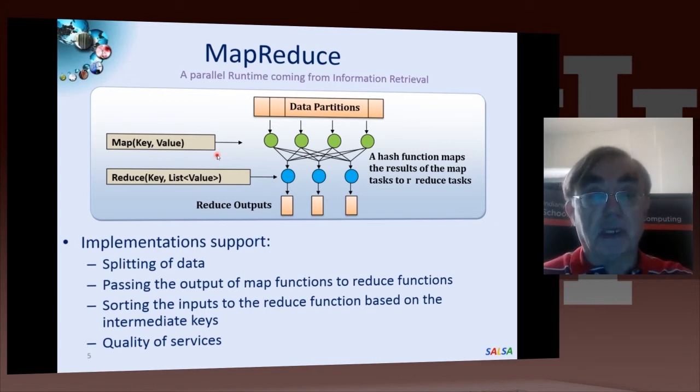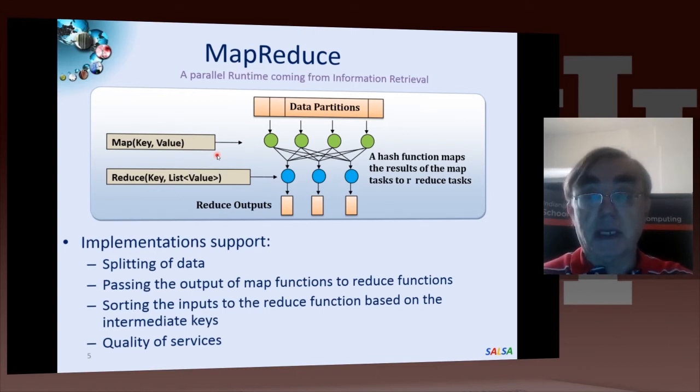And MapReduce has a very famous implementation called Hadoop, which is an open source Apache system coming originally from Yahoo. Remember, it was Google who actually developed the original MapReduce, but the open source version comes from their competitor, Yahoo.